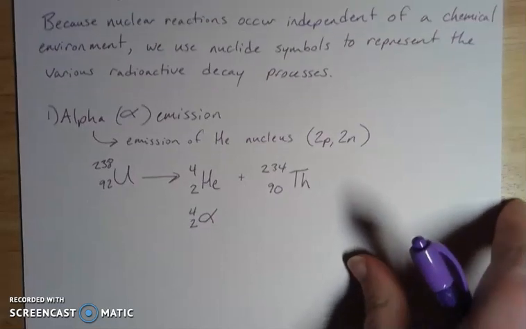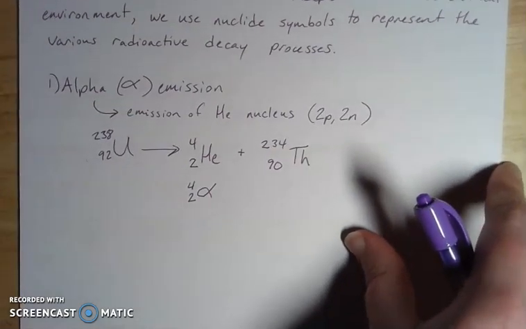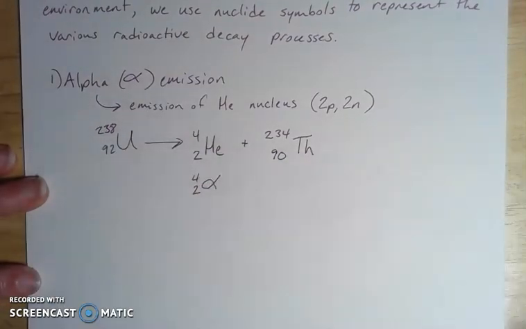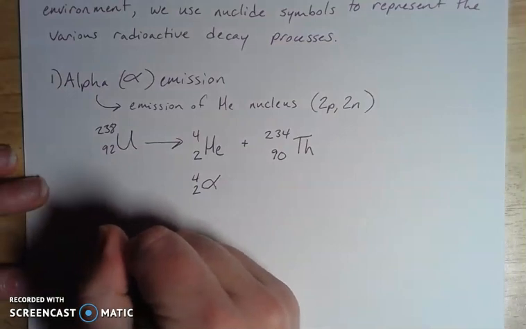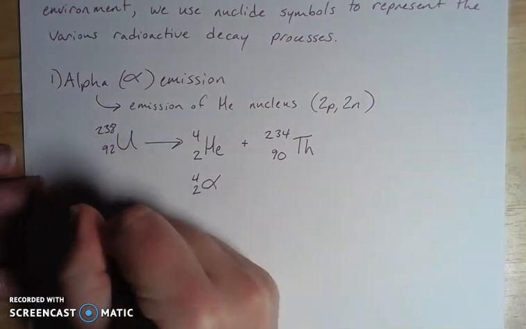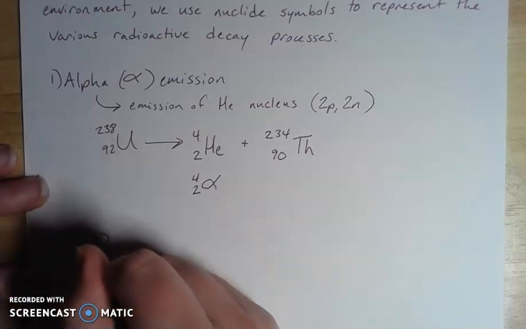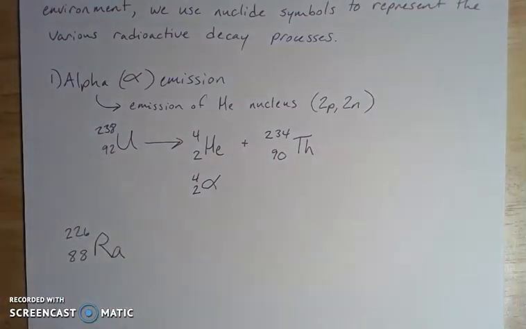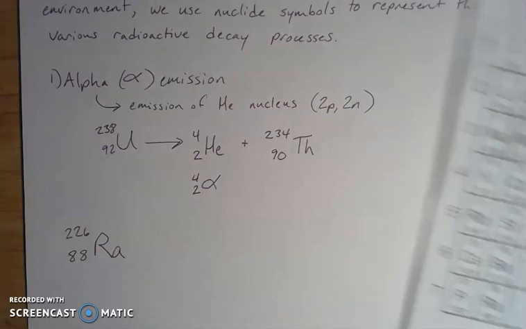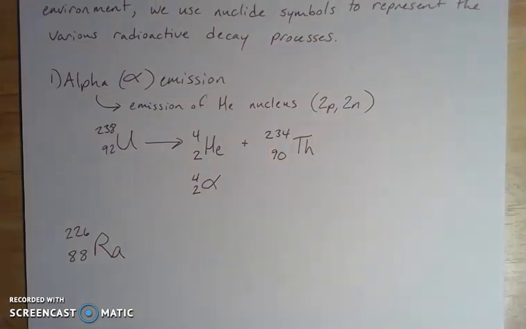Okay, so let's look at another example of that. If we take another alpha emission, let's do radium. We'll form radon. Spoiler alert. So radium is one of our alkaline earth metals. It's the bottom of our alkaline earth metals, column 2 on the periodic table. So it's number 88.